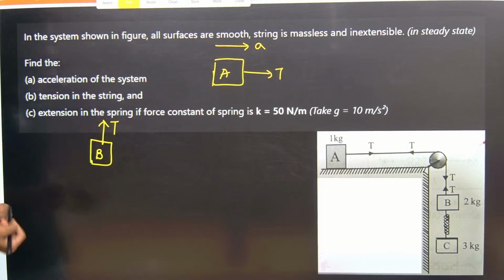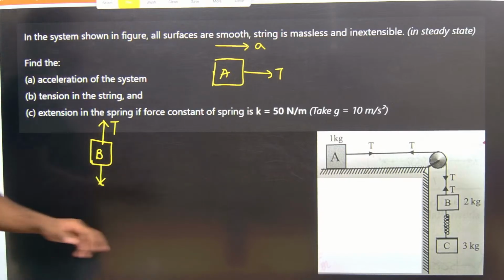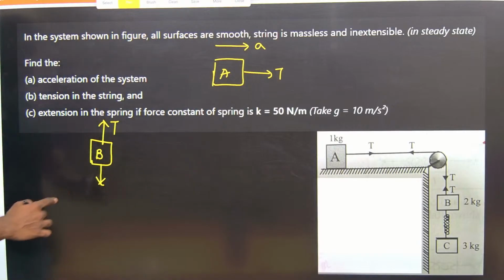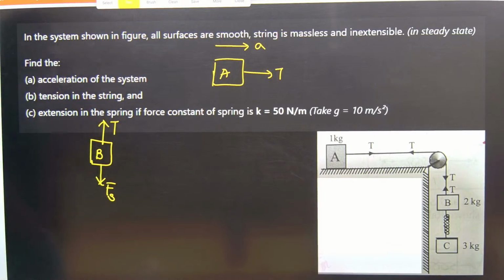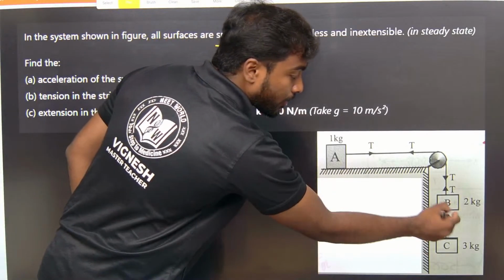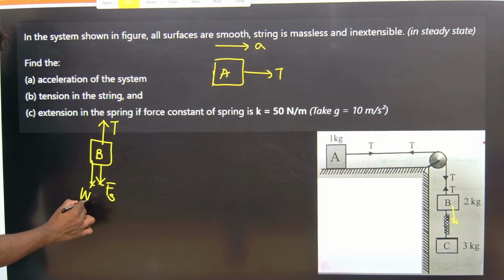from the body, T, and one more force is there, that is the spring force, F equals Kx. I will take the spring force, okay, and the weight of the body is also there, which is WB.